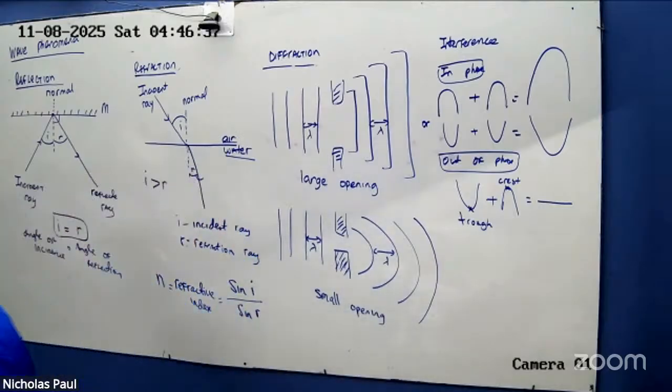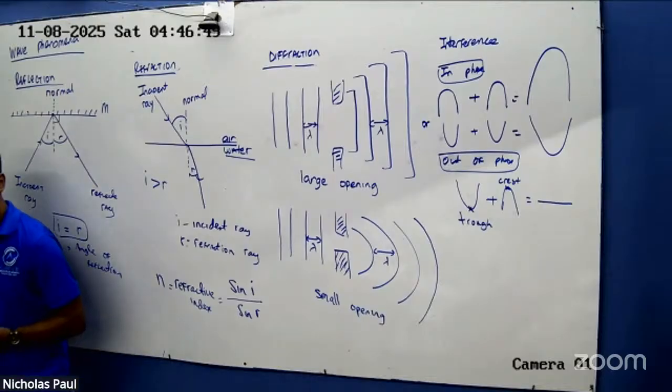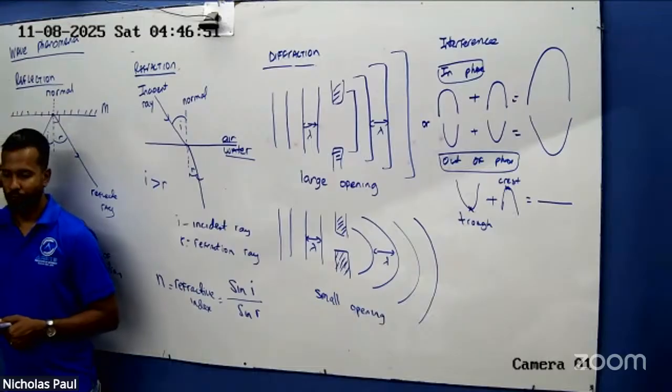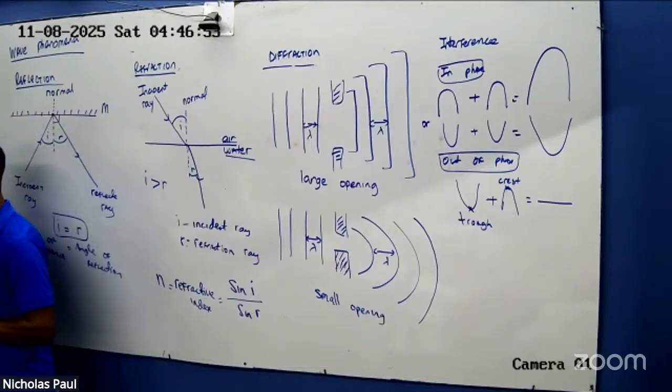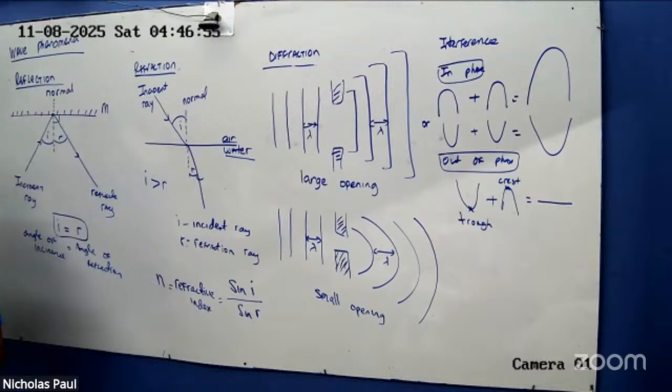Interference occurs when two or more waves overlap.